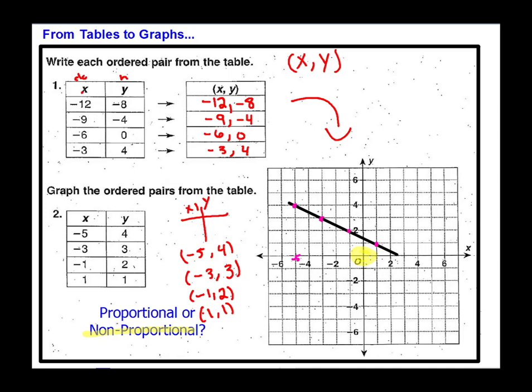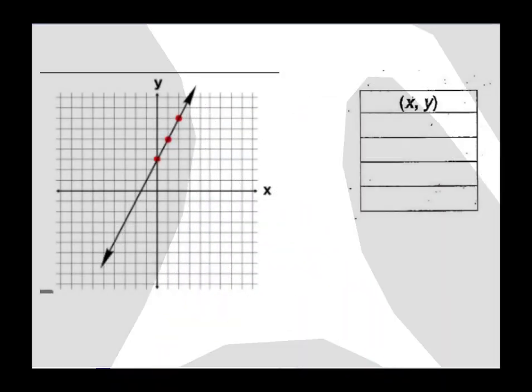Okay, let's try another example. Here I've given you a graph and I want you to take these points and plot them into a table. So we're going to work a little bit backwards. Again, this will always be 0.